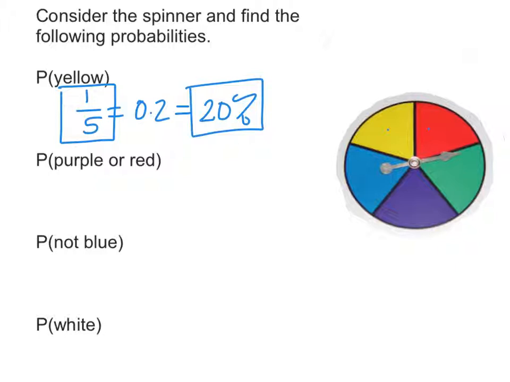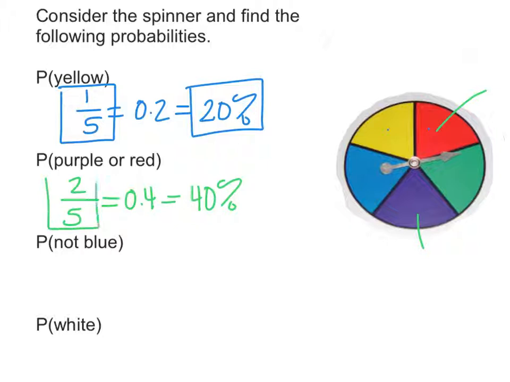All right, the probability of getting purple or red. Well, if you look at the spinner, we have one purple section and one red section. So there's 2 sections that are purple or red out of a total of 5. That does not simplify, and if you divide, you get 0.4, which is 40%. So the probability of getting purple or red is 2 out of 5, or 40%.